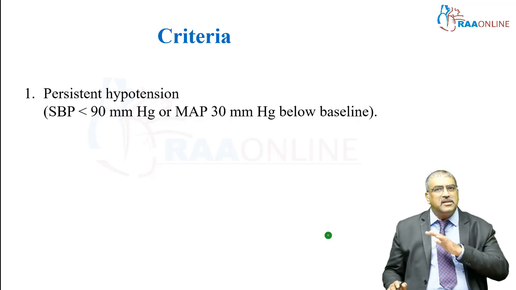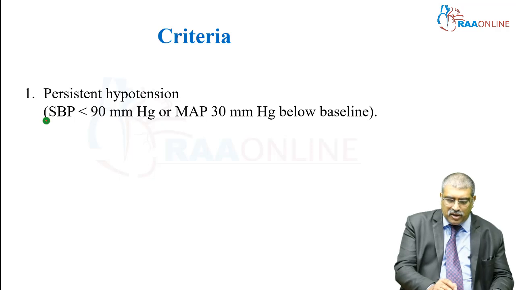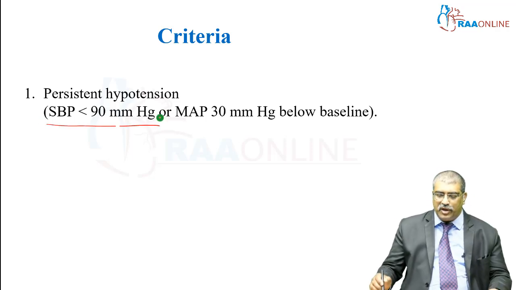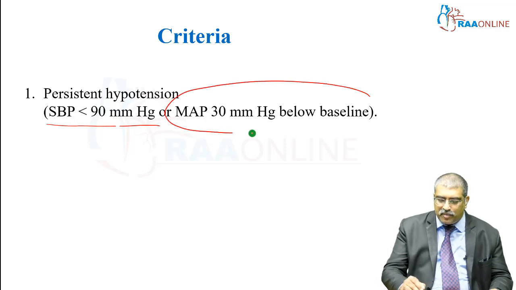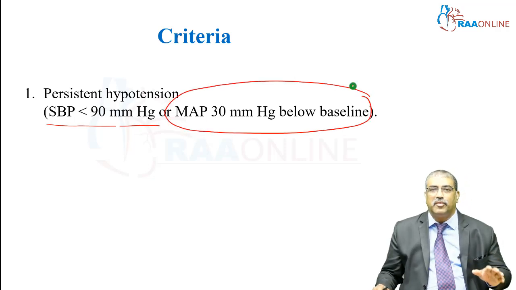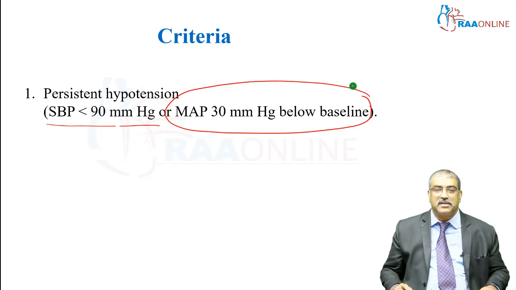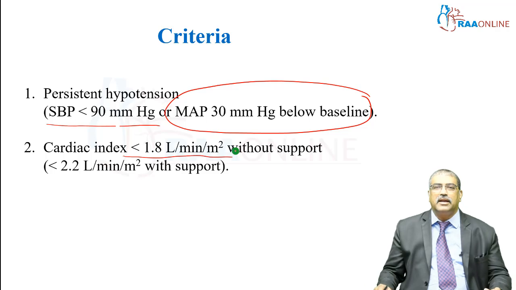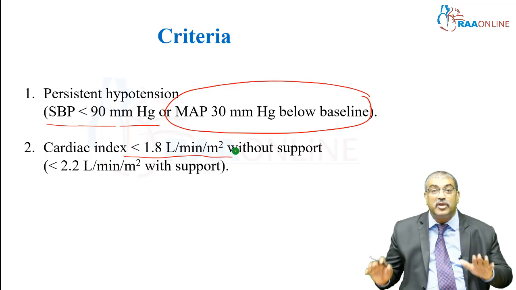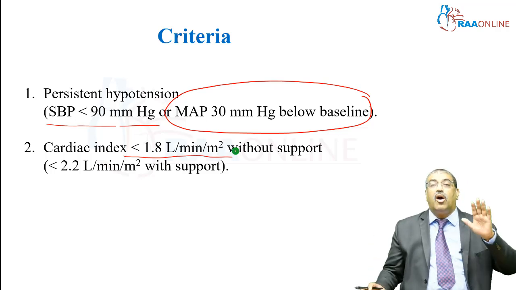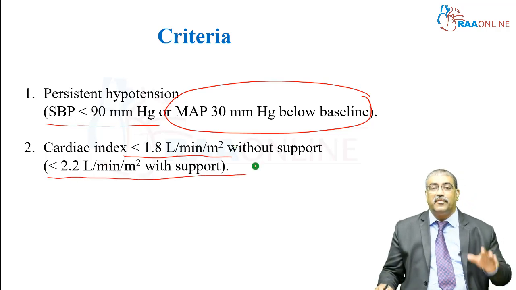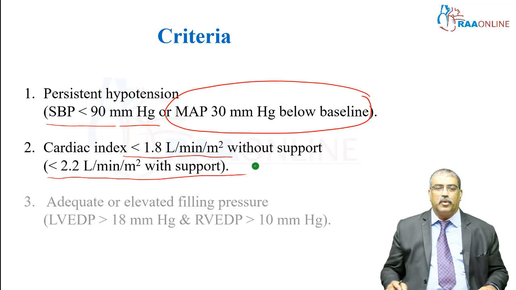Now coming to the criteria to say the patient has cardiogenic shock. First is there is persistent hypotension. Your systolic blood pressure is less than 90 millimeter of mercury or your mean arterial pressure is 30 millimeter of mercury less than the baseline. Cardiac index is less than 1.8 liter per minute per meter square without inotropic support or it is less than 2.2 liter per minute per meter squared with inotropic support.